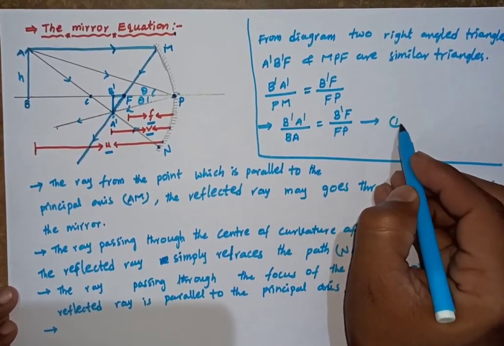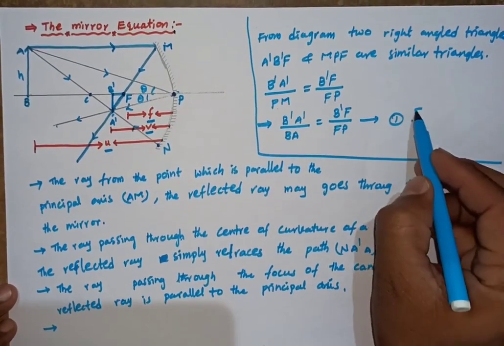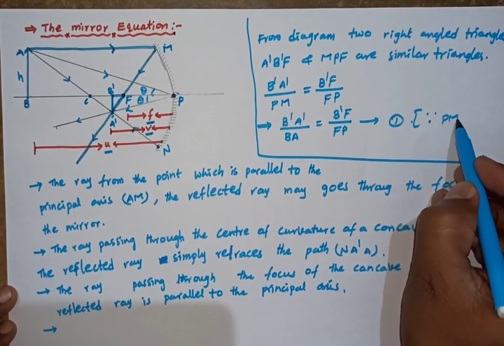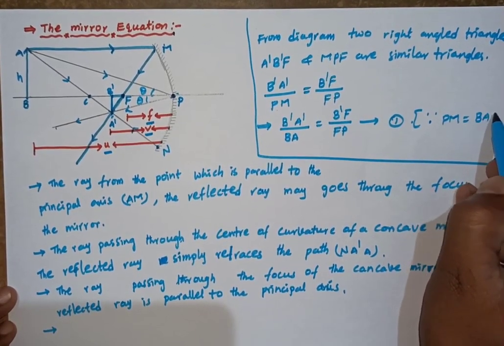This is equation number 1, since PM equals BA.